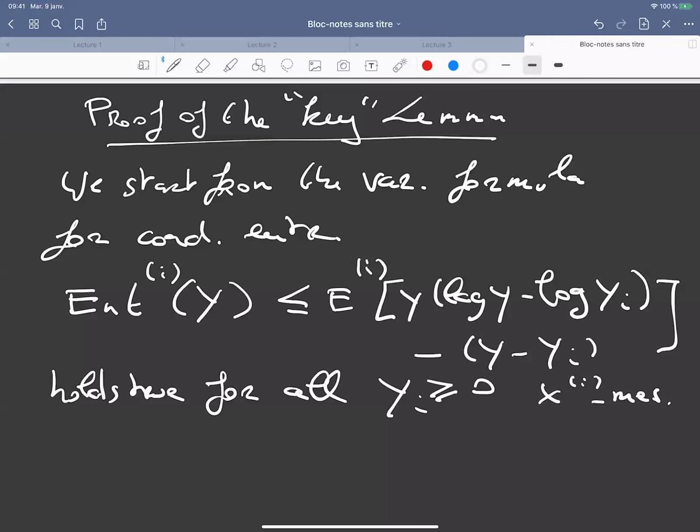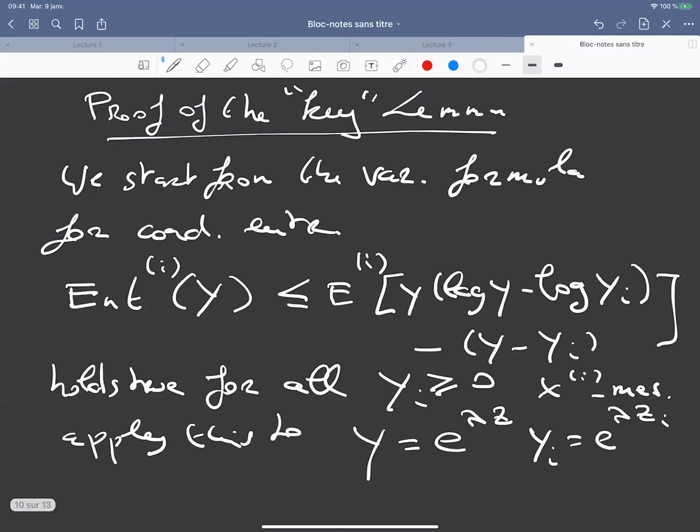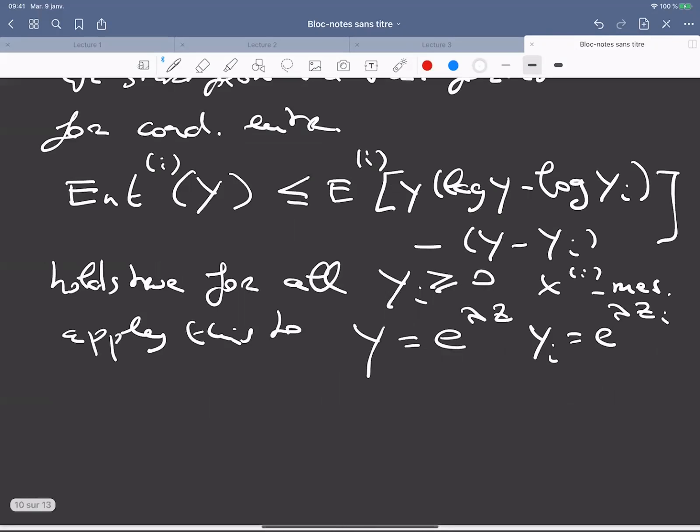And so now it's very easy. You apply this to y equal to exponential of lambda z and yi equal to exponential of lambda zi. And if you do this, you use the subadditive inequality for entropy.